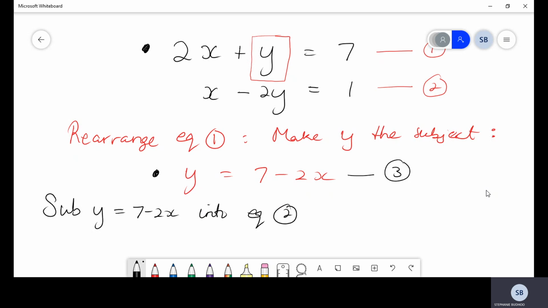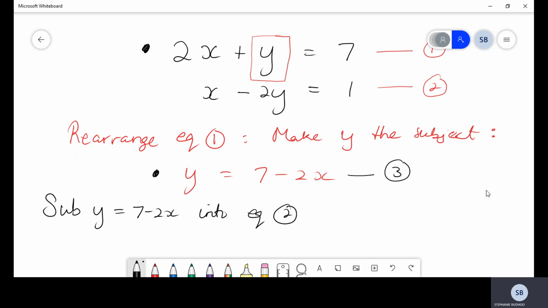A frequent mistake is to substitute their value of y or x into an equation which was already used, and then they end up getting 0 is equal to 0. It always happens. I'm telling you up front in case it happens to you. Take note that it's because you substituted into the wrong equation. You always have to substitute into the last equation that was not used as yet.